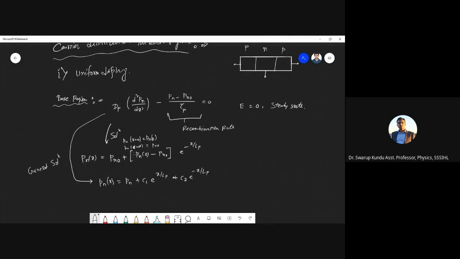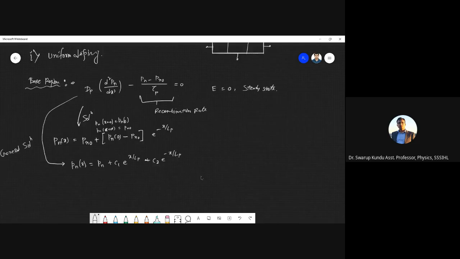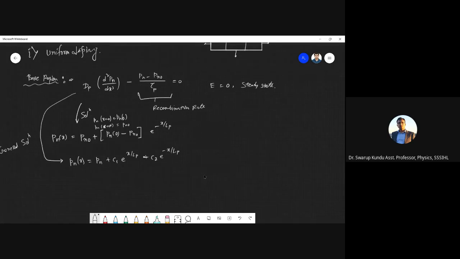So for a transistor, let me write down the boundary conditions for the transistor.